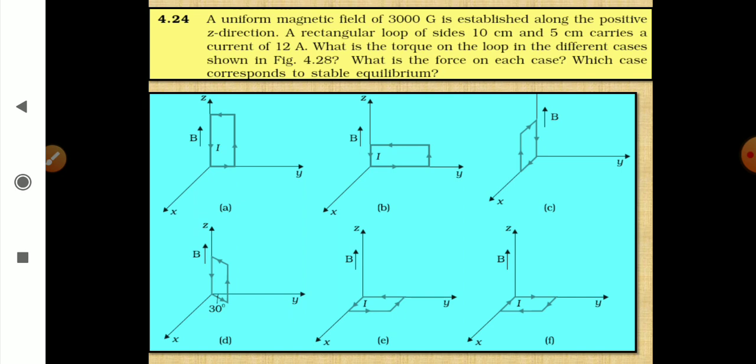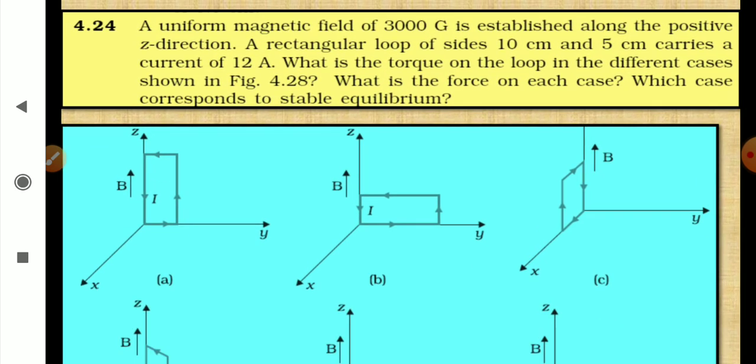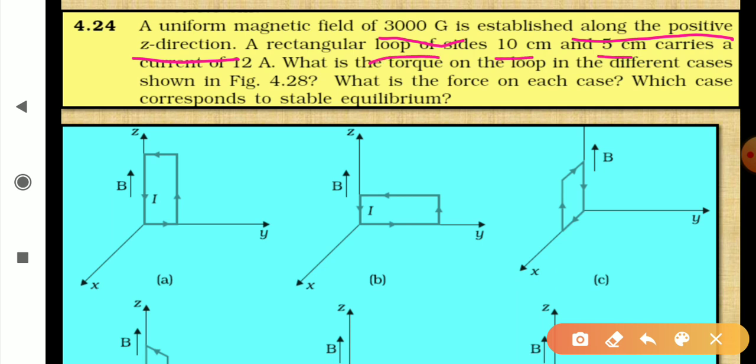This again is a very interesting problem, an unsolved NCERT problem. A uniform magnetic field of 3000 Gauss is established along positive Z direction. A rectangular loop of side 10 cm and 5 cm carries a current of 12 ampere.